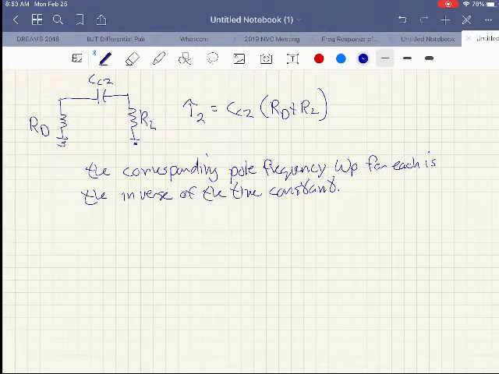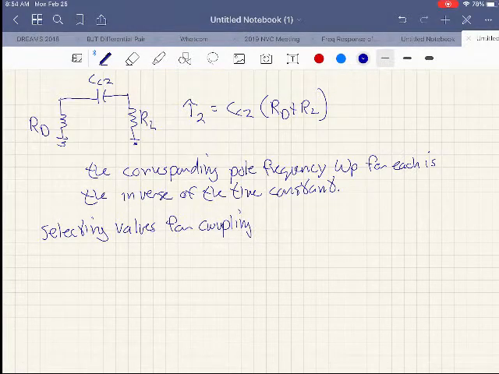So we want to talk now a little bit about selecting values for the coupling and bypass capacitors. Again, we'll go back to an example in a bit.